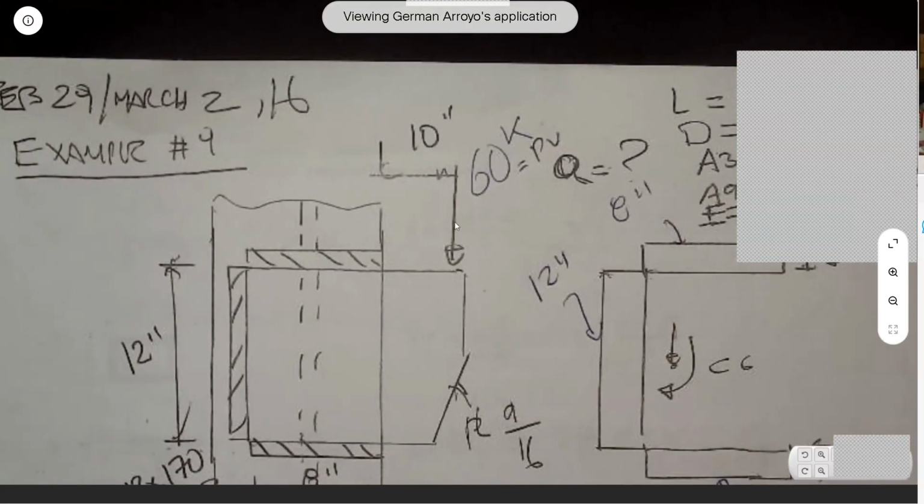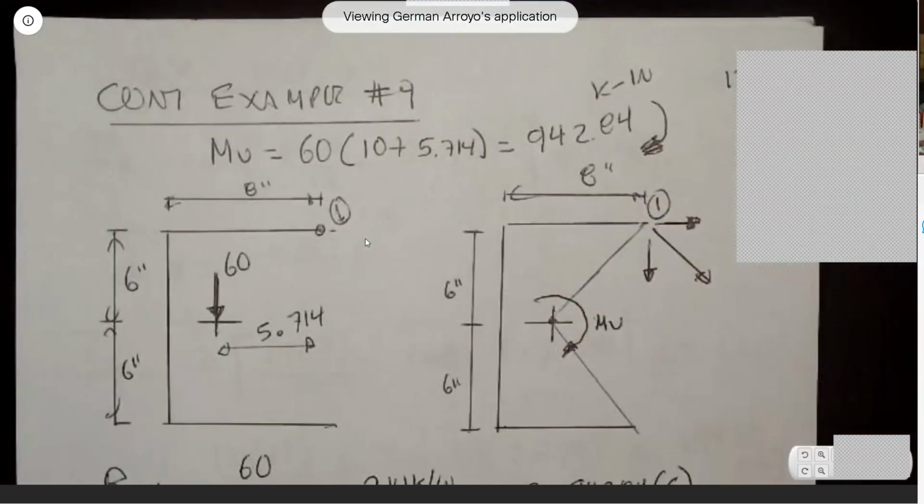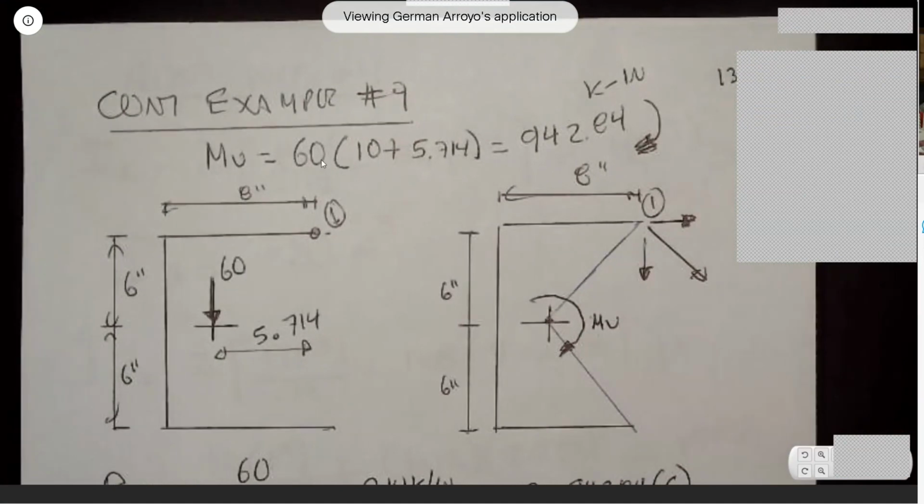This 60 to the weld is 10 inches. So what I have done in here, I have computed the moment, the force, the 10 inches that is shown to you, plus 5.714. So the moment is 942.84 kips inch in this direction.